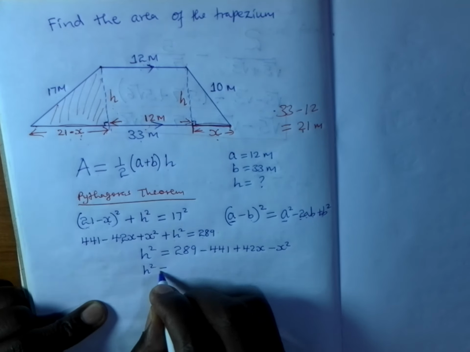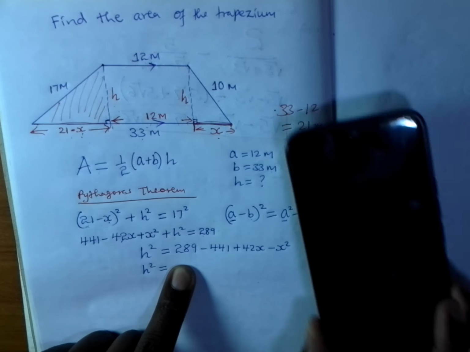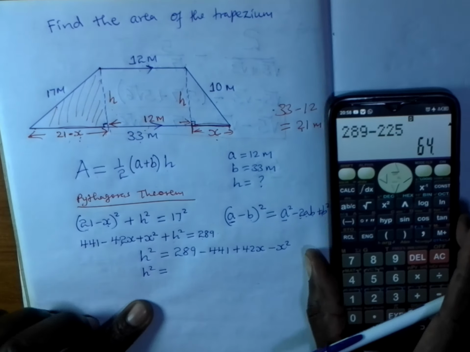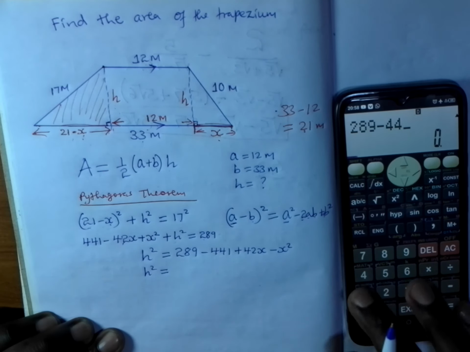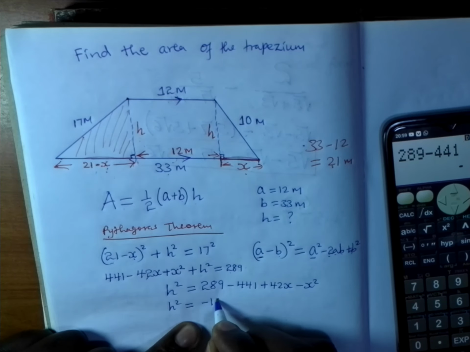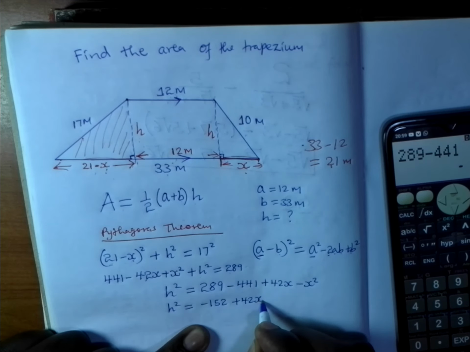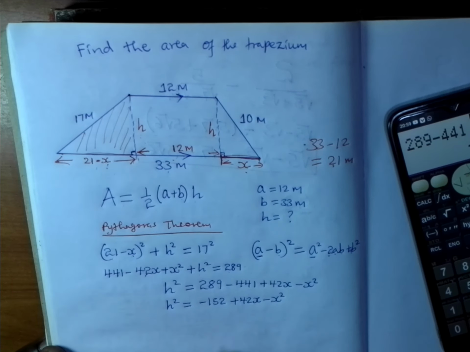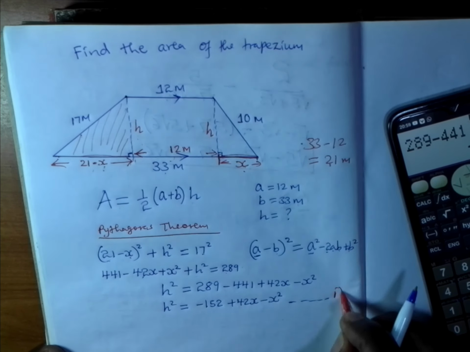So h squared will be equal to 289 minus 441, which is minus 152, plus 42x minus x squared. We can leave it at that point and call it the first equation.